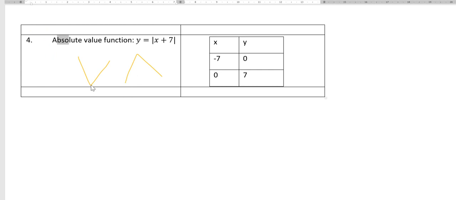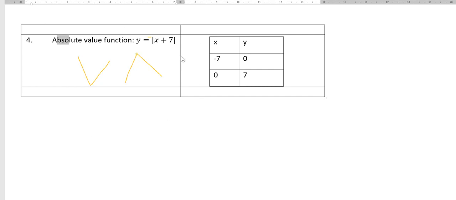So the first thing you want to do is decide whether it has a minimum or a maximum, and you can decide that if there is no sign in front of the absolute value function, like in this case, you will have a minimum. But say if this was a negative absolute value of x plus 7, then you'll have a maximum.